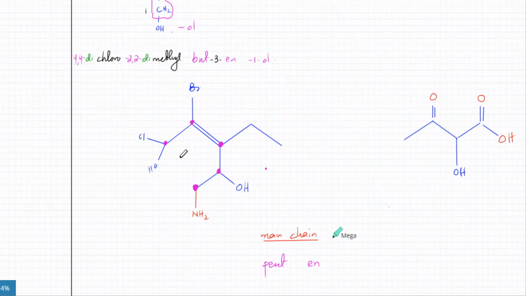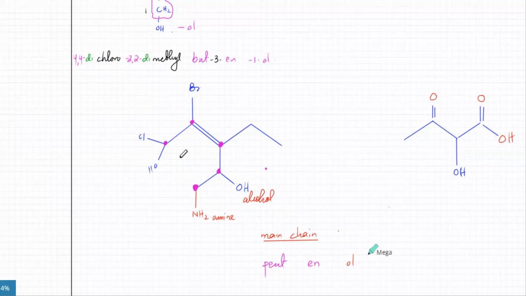So I've got multiple functional groups: an alcohol and an amine. Which one has more precedence? What would I call this molecule? Is it pentanol or an amine? An alcohol has more importance, so it's an alcohol.